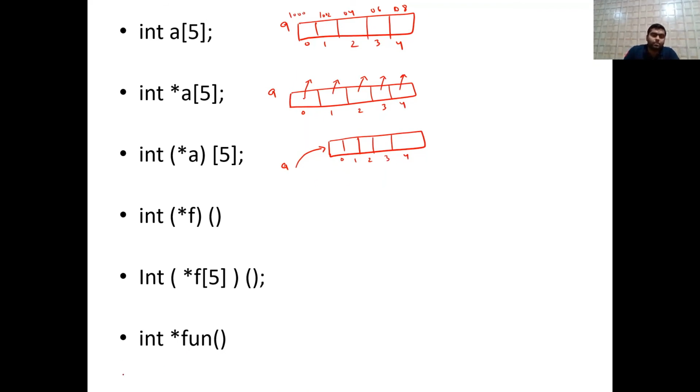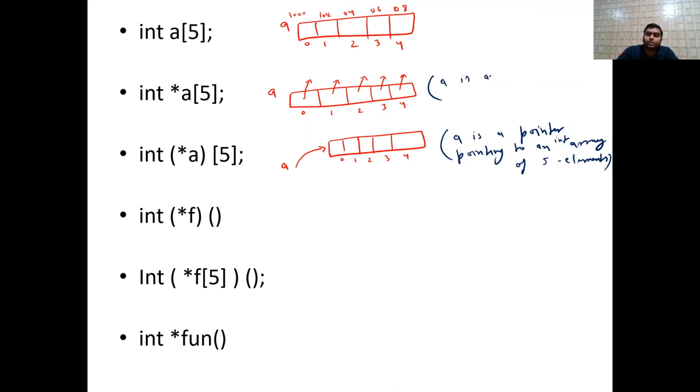In this case a is a pointer pointing to an int array of 5 elements. So I hope this is clear. And what does the earlier one say? So a is an array of pointers, an array of integer pointers.